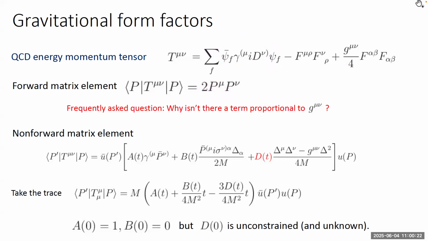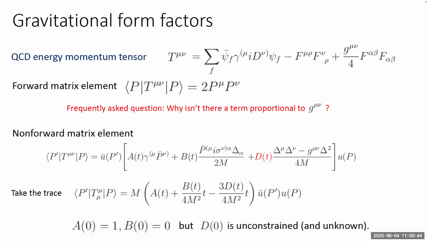Okay, this is the usual parameterization. But I often hear the question: why isn't there a term proportional to G mu nu here? Because this is a rank-2 tensor, so in principle you can have an additional term here which is proportional to G mu nu. And why is this term not there?